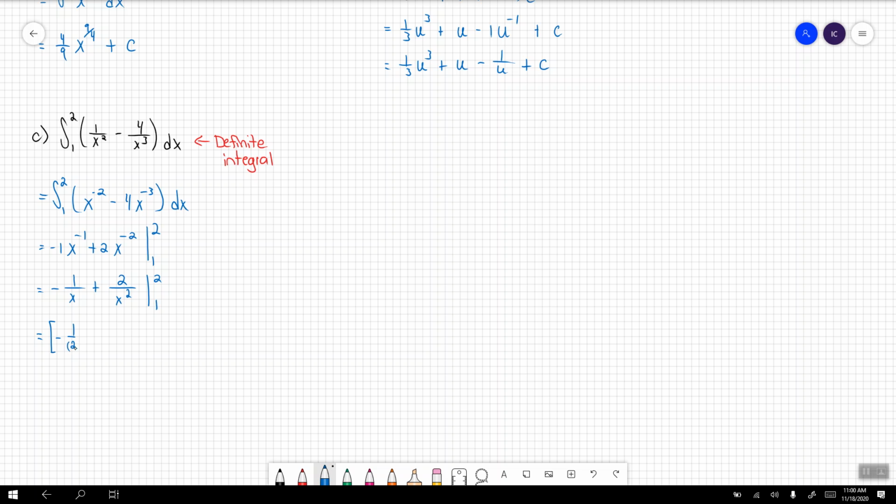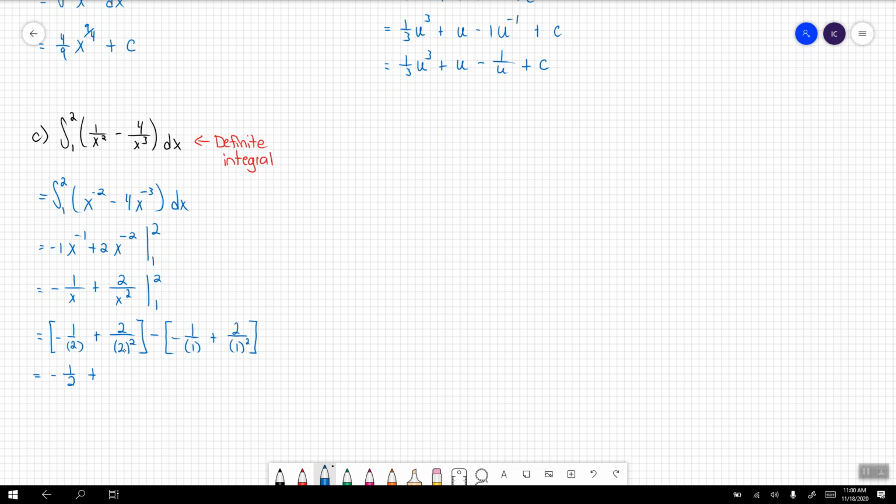I'm going to substitute in the value of 2. As such, minus the function evaluated at 1, plus 2 over 1 squared. All right, the first term is going to be negative 1/2.